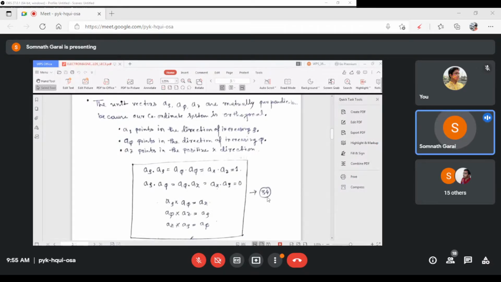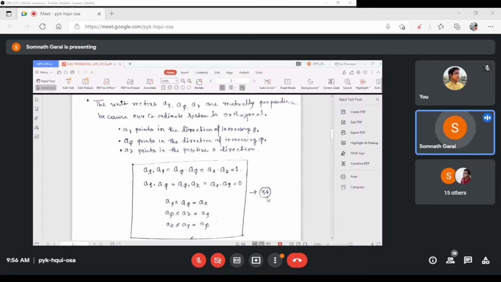Now the relations of unit vectors in the cylindrical coordinate system. The unit vectors are small a rho, small a phi, and small a z.